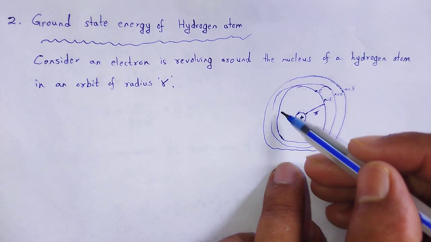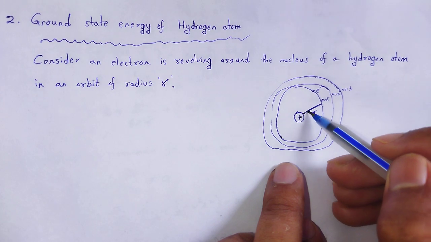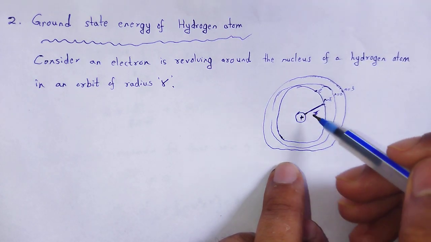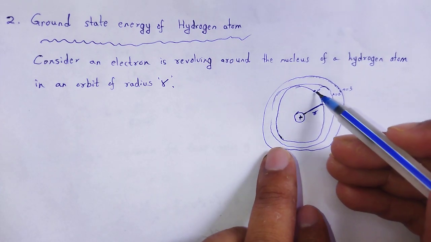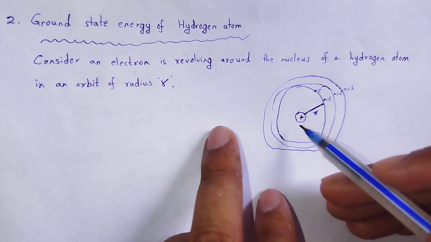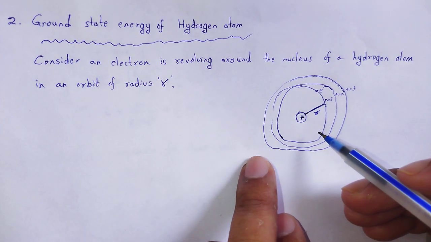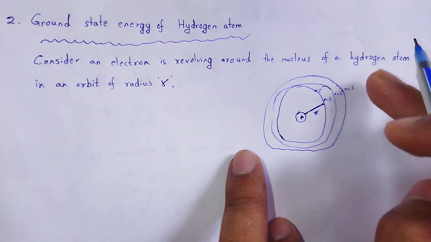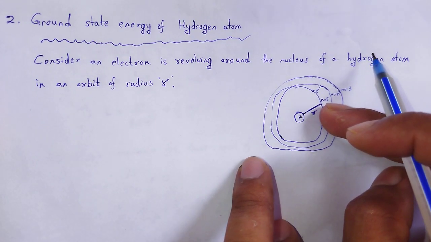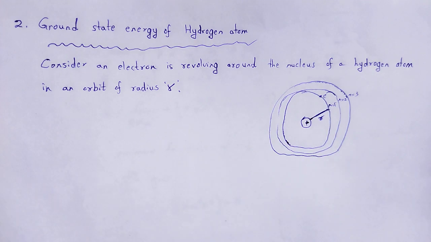The electron when revolving around the nucleus at the radius where n is equal to 1, we call it the ground state, and the energy possessed by the electron in the ground state we call the ground state energy of hydrogen atom. In this session we discuss what the ground state energy of the hydrogen atom is by using Heisenberg's uncertainty relation.